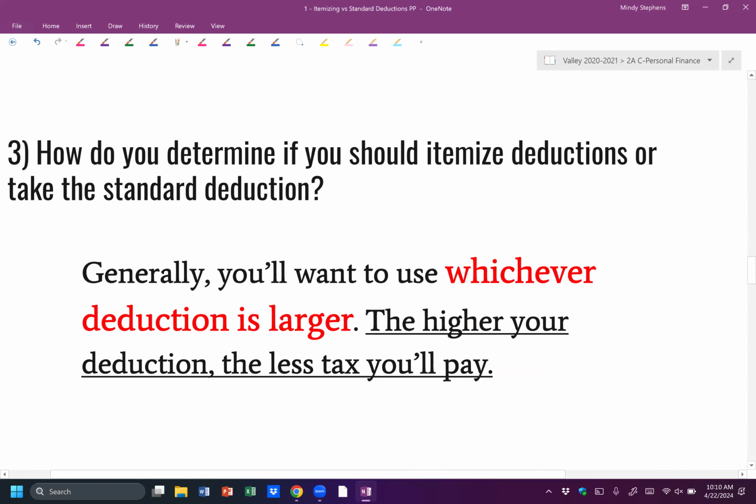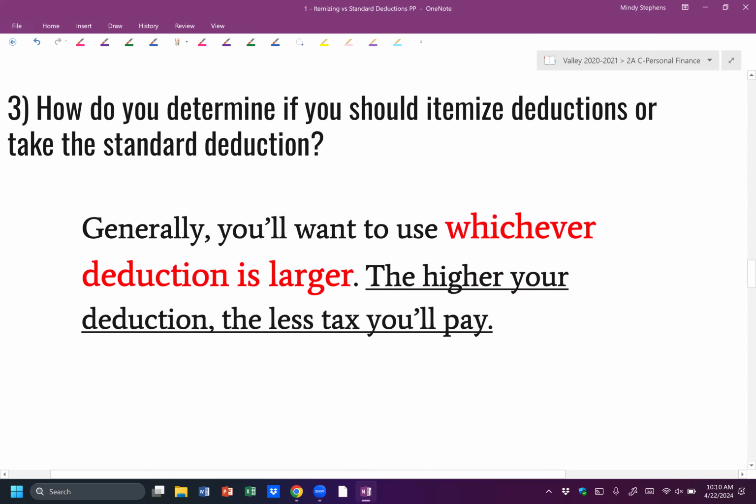Number 3 says, how do you determine if you should itemize or take standard? Generally, and for this class, whichever deduction is larger. Very rarely would you choose the smaller one. The larger deduction is the one you want. You want a big deduction to pay less tax. The bigger your deduction is, the smaller your tax is. So big deduction, less tax. This is number 3.